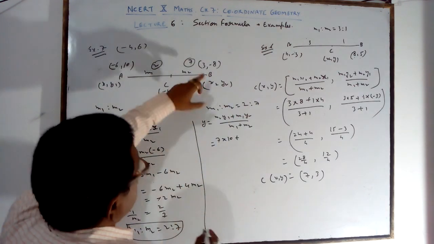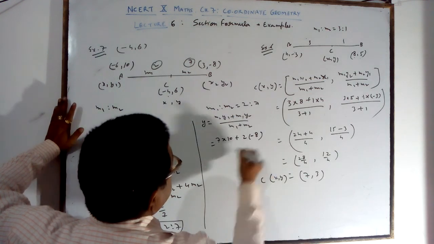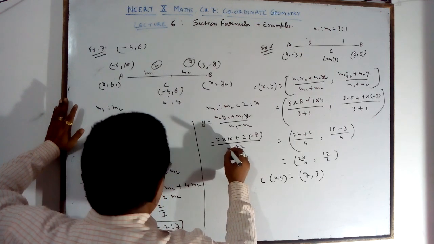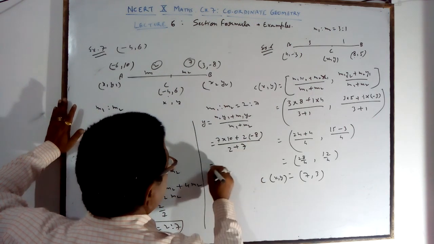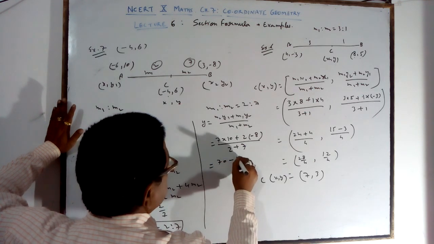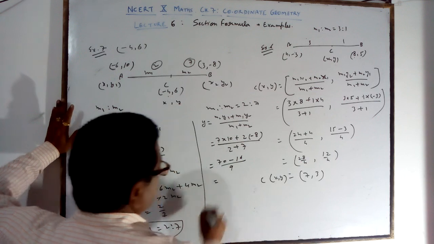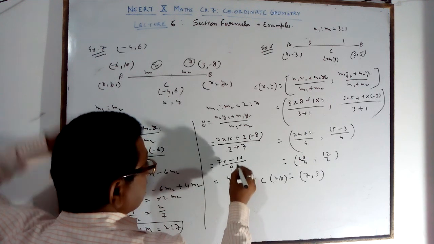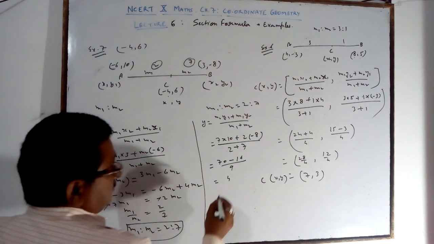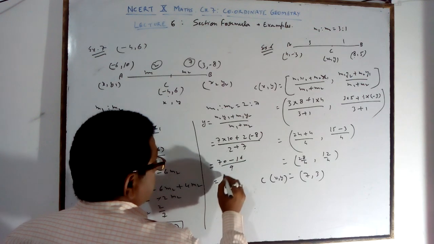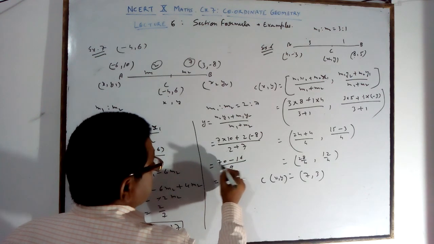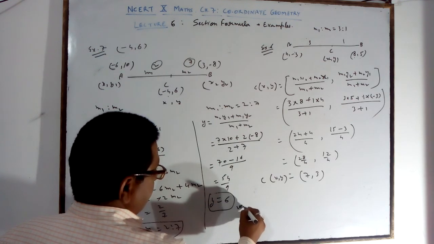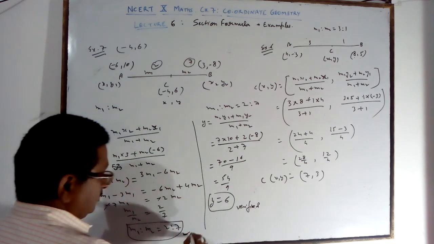So 2 into minus 8 upon 7 plus 2. That is 70 minus 16 upon 9, which is 54 upon 9, so 6. Y is equal to 6, the y of C. It is verified, your answer is correct.